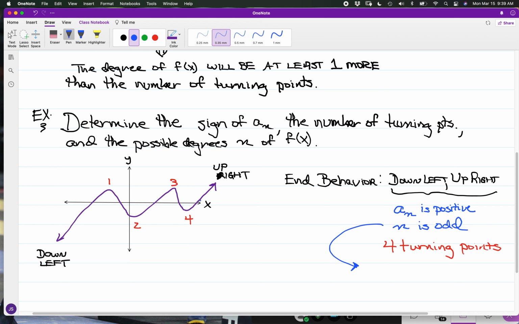And since this function has 4 turning points, the number of turning points is always going to be less than the degree, and the degree is odd. So possible values of n are at least 5, or it could be 7, or any other increasing odd power.